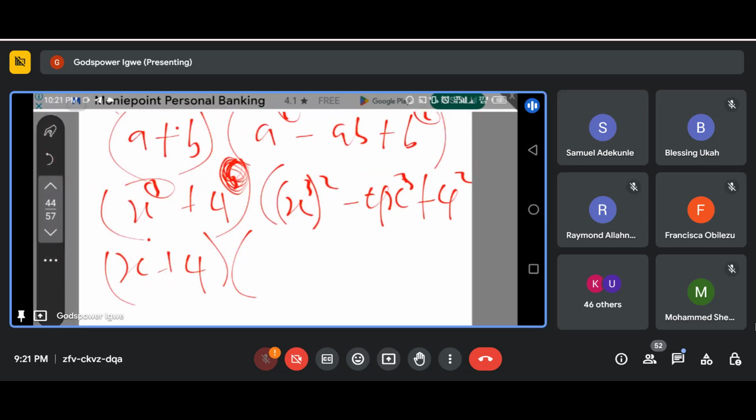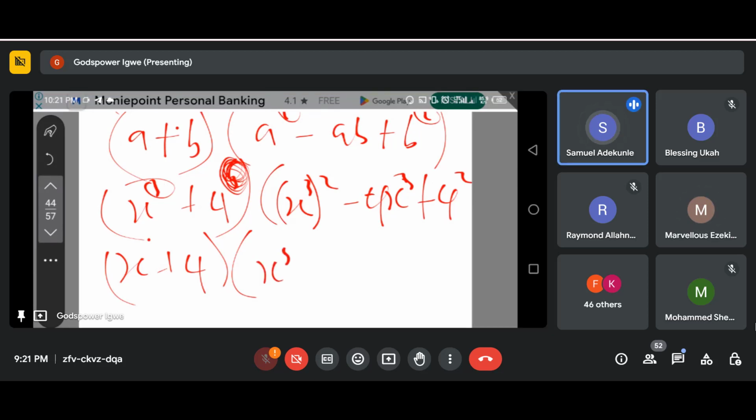I don't want to memorize anything that will give me problems. x to power 2 is fine. x squared minus 4x plus 4 squared.